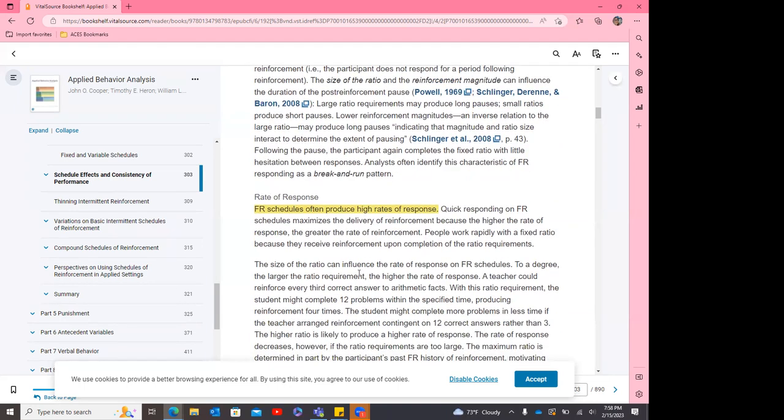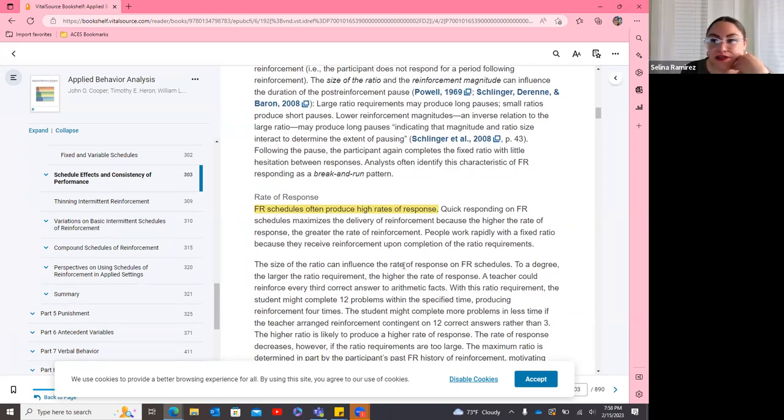The size of the ratio can influence the rate of response on the FR schedule to a degree. The larger the ratio requirement, the higher the rate of response. A teacher could reinforce every third correct answer to arithmetic facts.